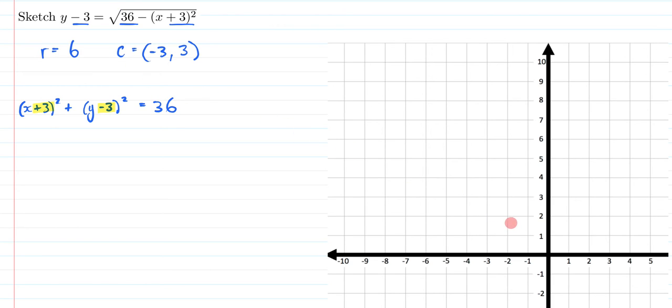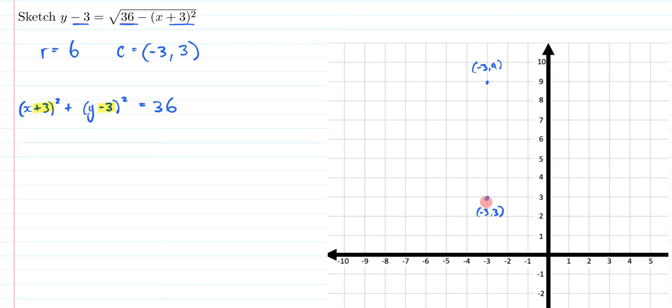So -3, 3. Sorry, can't read. This is -3, 3. Then I'm going to go 6 up. So I'll look at my y value and go, what is 3 plus 6? It will be 9. So it's going to be up here, -3, 9.